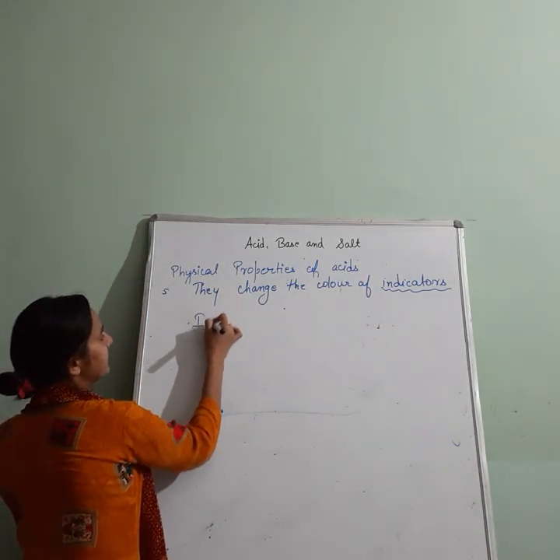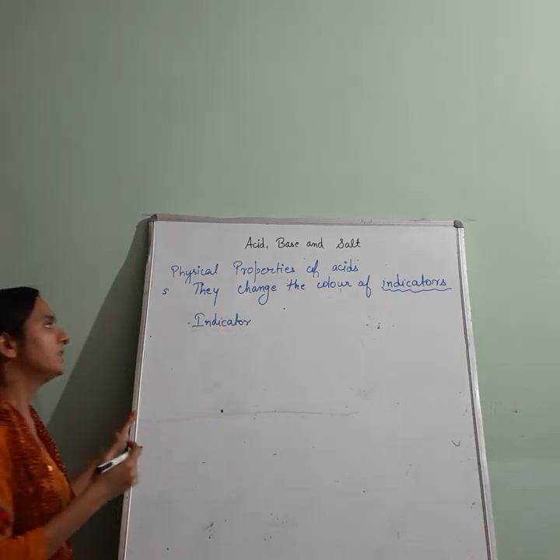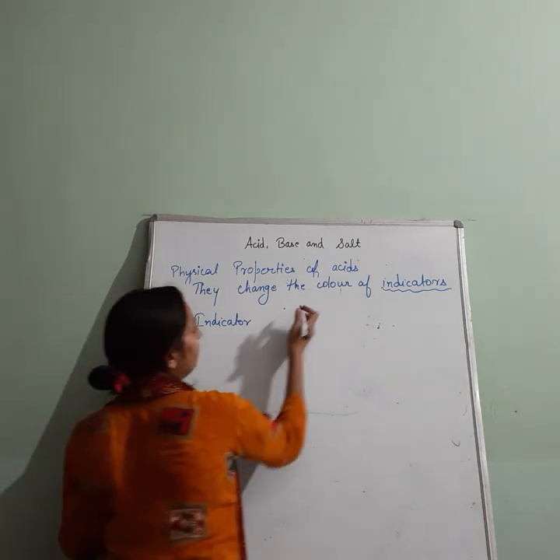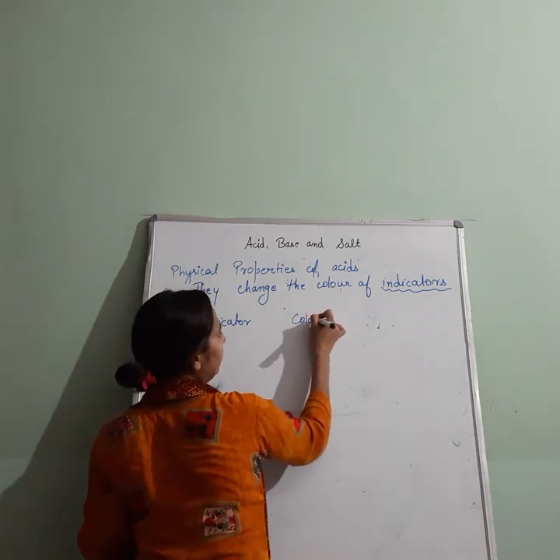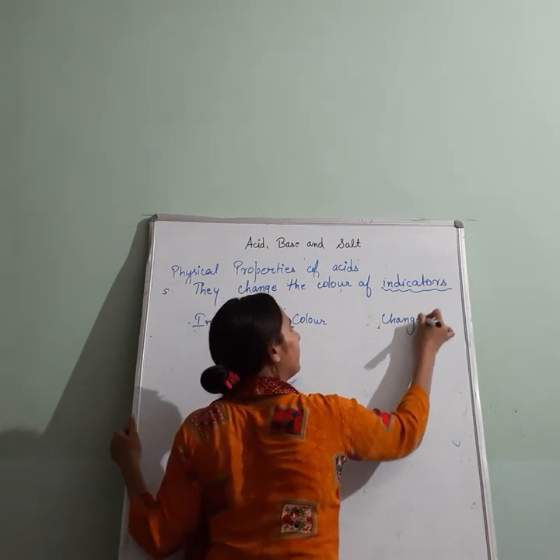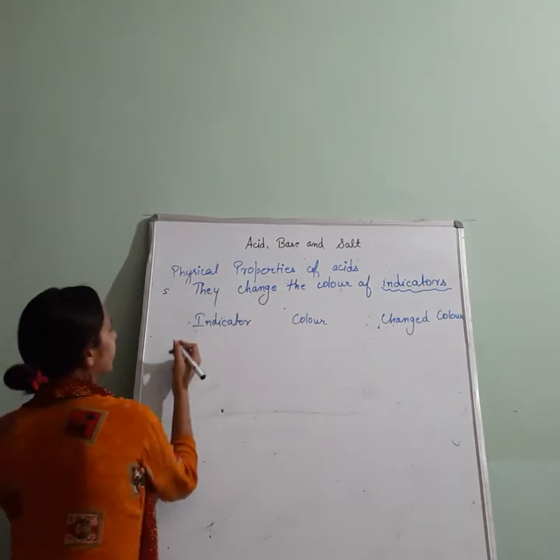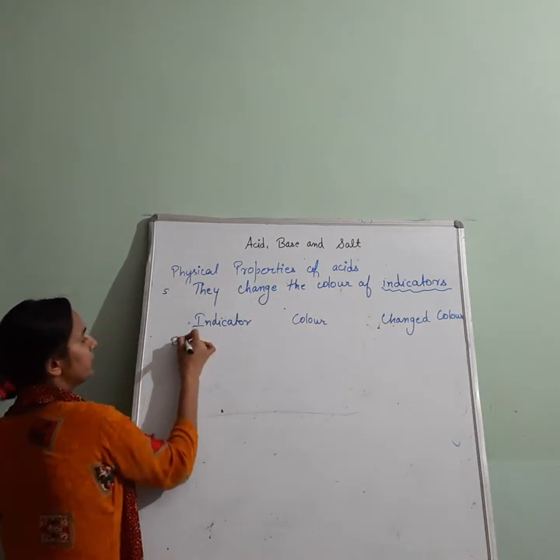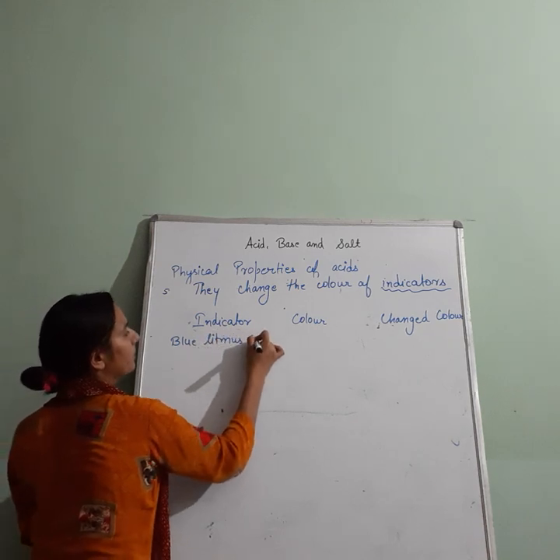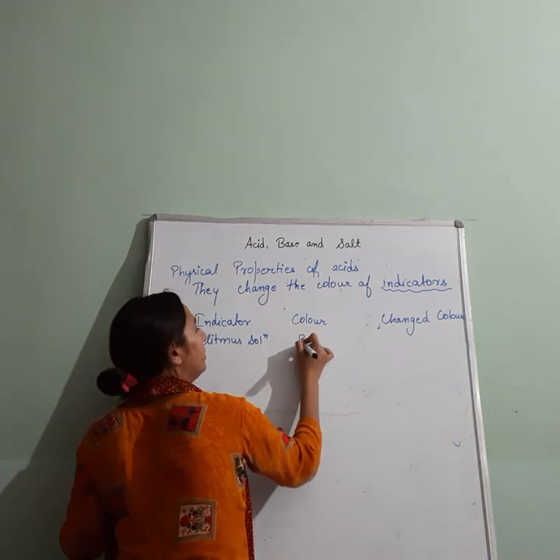So let's discuss how acids change the color of indicators. Indicator, color of the indicator and changed color. First one is blue litmus solution. The color of blue litmus solution is blue.